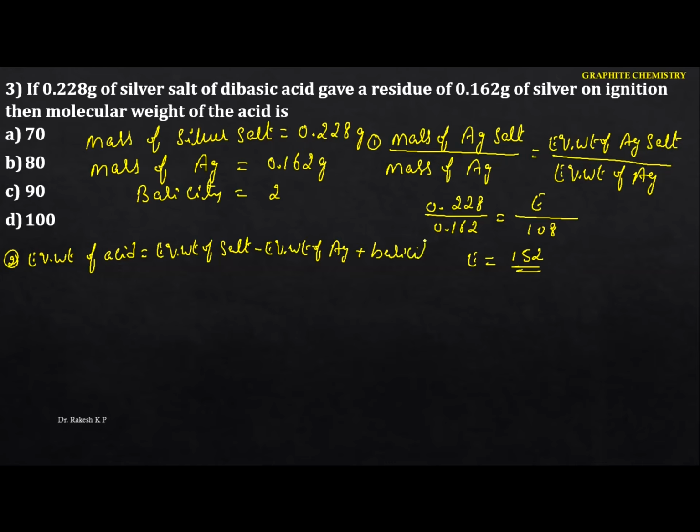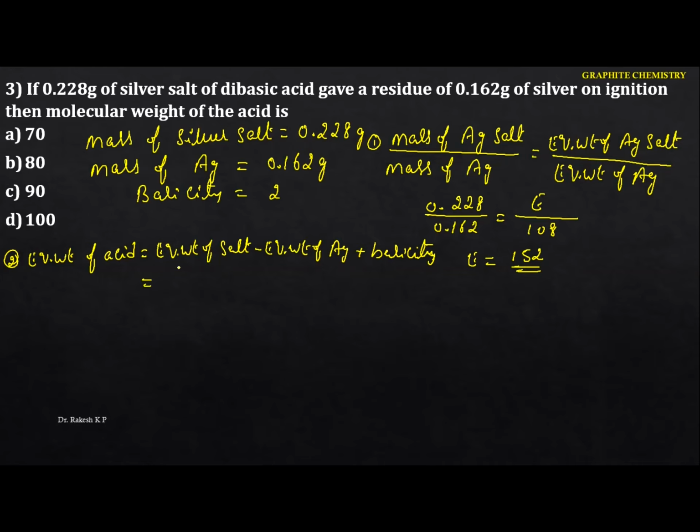So remember one thing here, the basicity we are going to take is not for this one, because in general if you're talking about an acid, it has the proton releasing tendency. So if it releases one proton, that means the basicity is 1. Here we have to take the basicity in order to calculate the molecular weight. Here the basicity is 1.